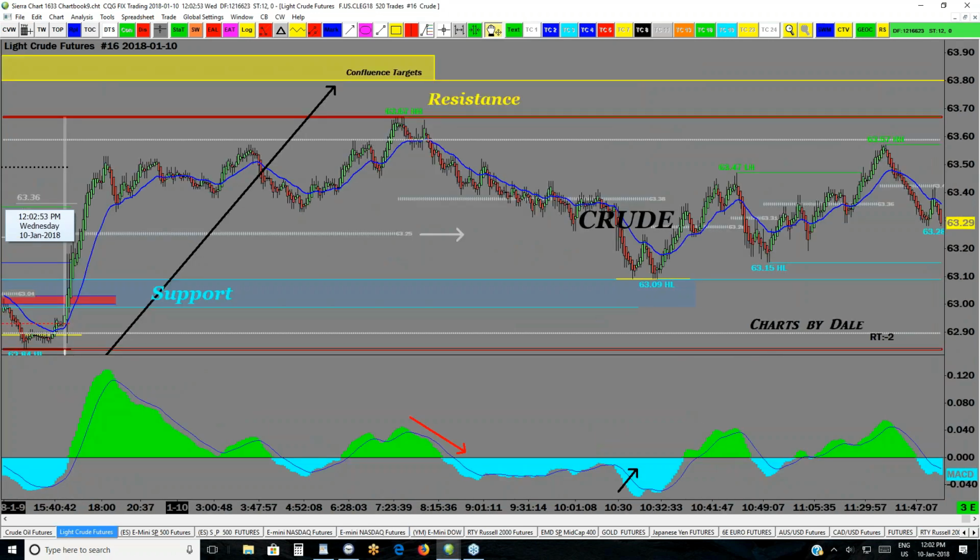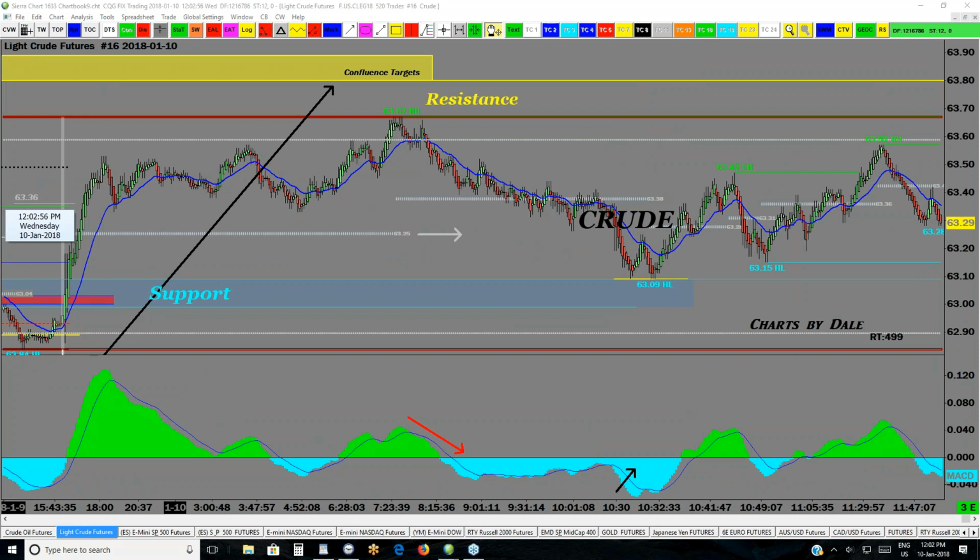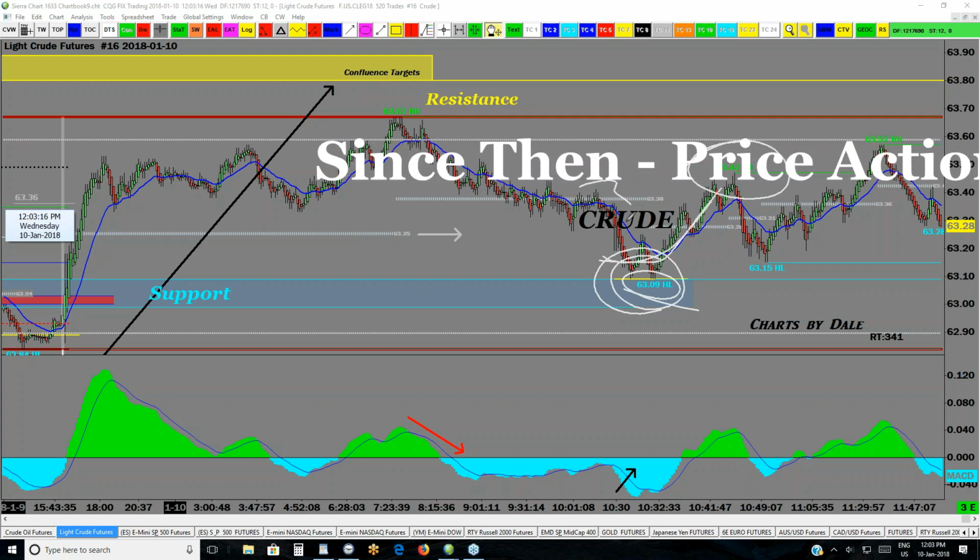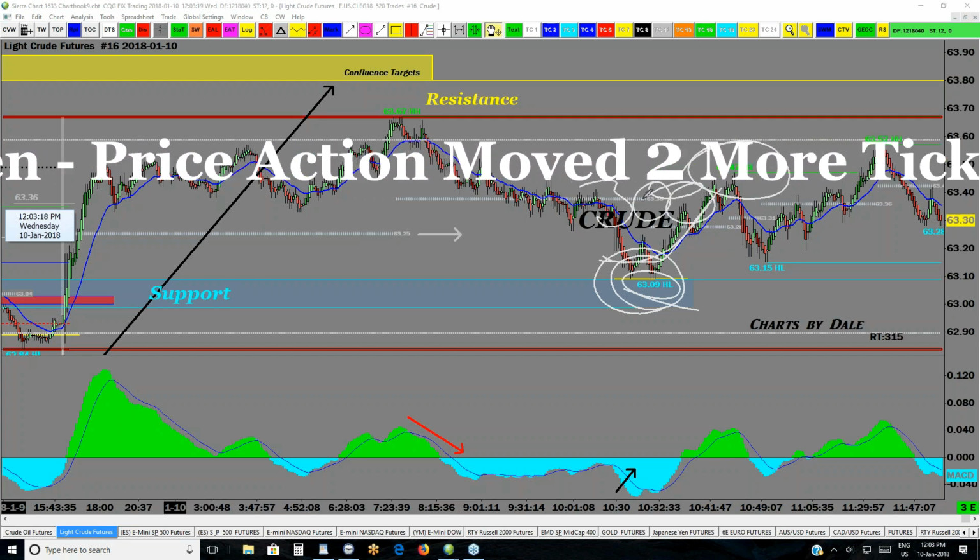All right, partway. Now partway, this off of this entry area. All right, you didn't have to get in at 63.09. You might have wanted to see the walk light come on and then you get in, but the market only came 36 ticks. So out of that 36, you could take as much as $300.